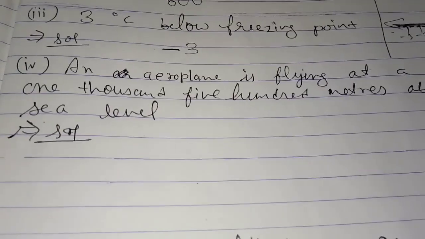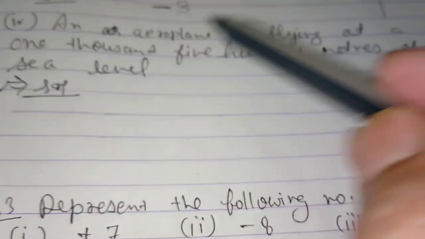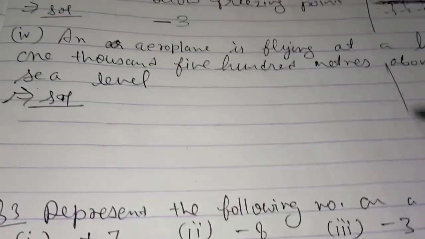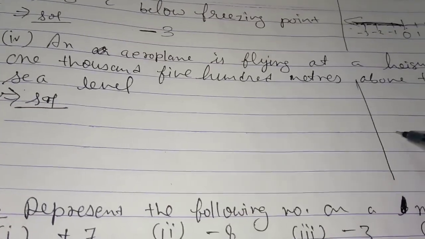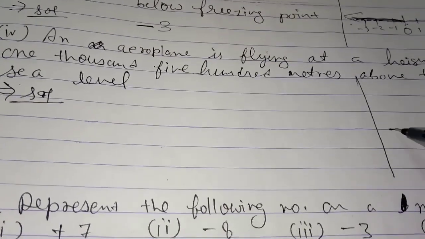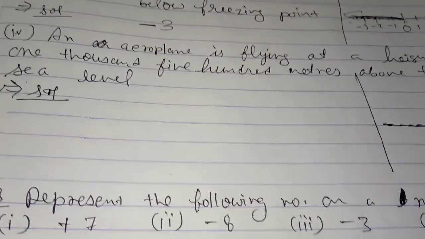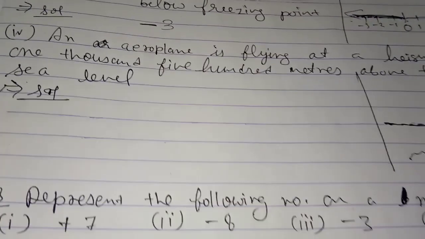Now moving to the question number 4. An aeroplane is flying at a height of 1500 meters above the sea level. Again I will show you some example. Suppose that this is your sea level, and inside it there is water, as you know.